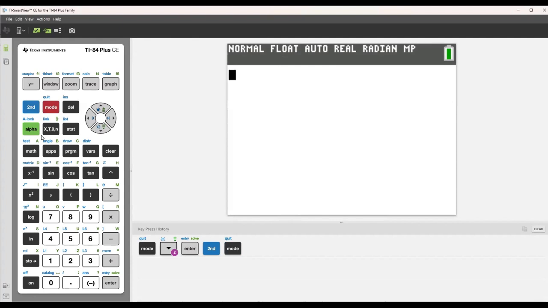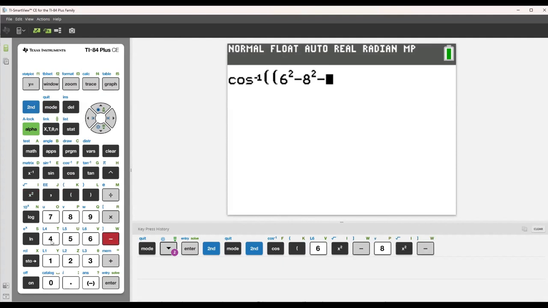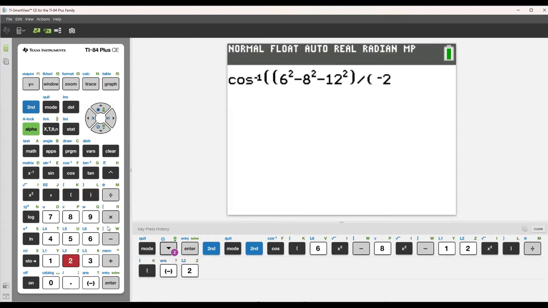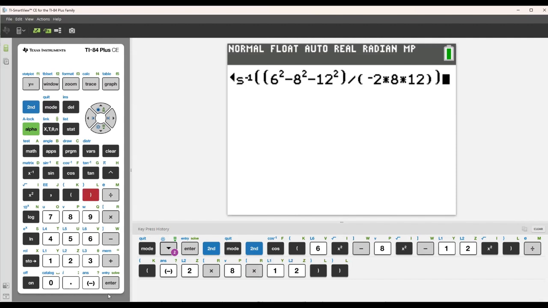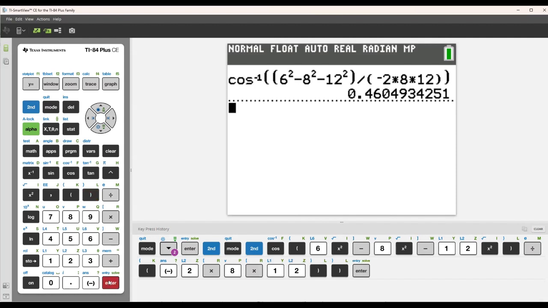And then I will have cosine inverse of 6 squared minus 8 squared minus 12 squared, divided by negative 2 times 8 times 12. Now I get the angle is 0.4604934251.